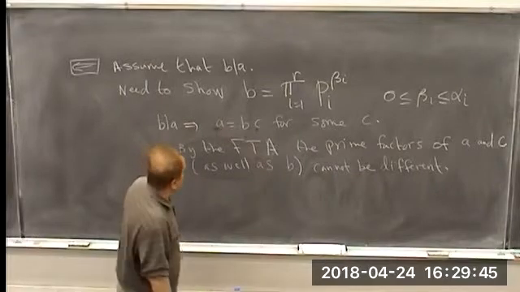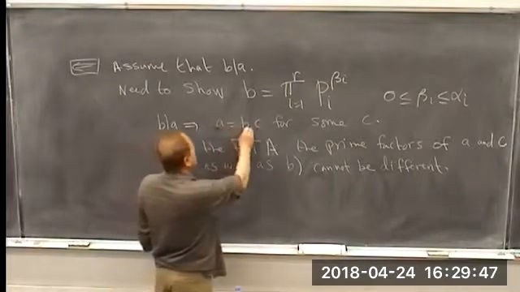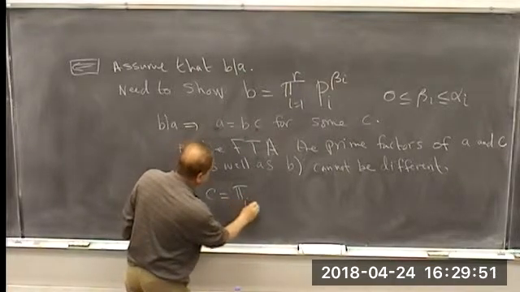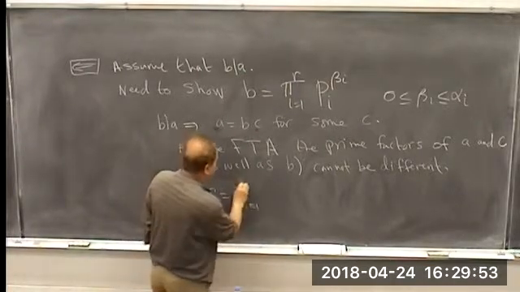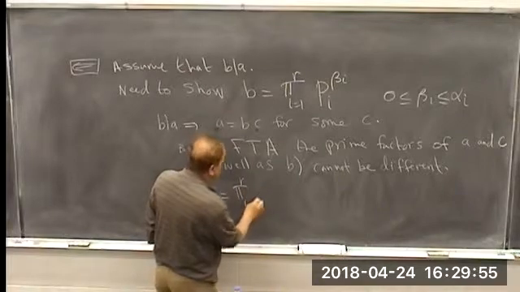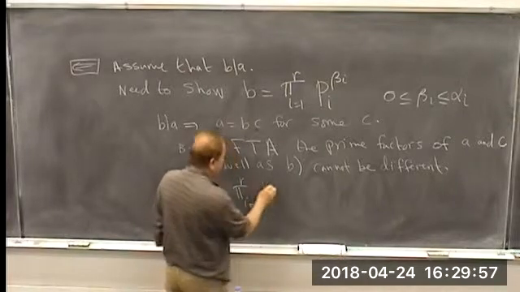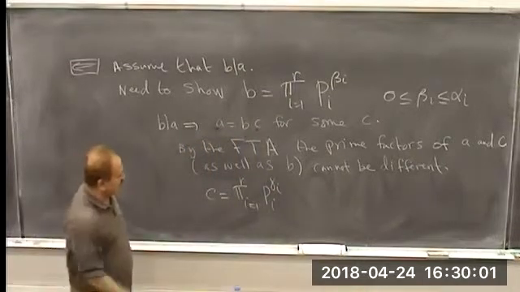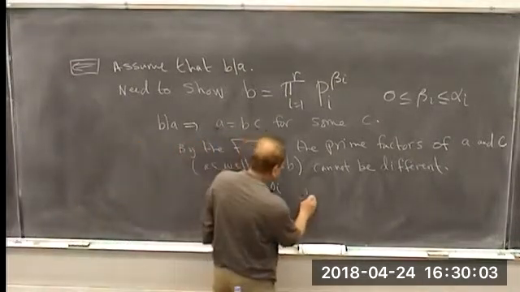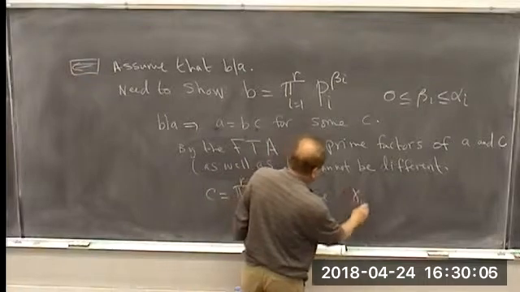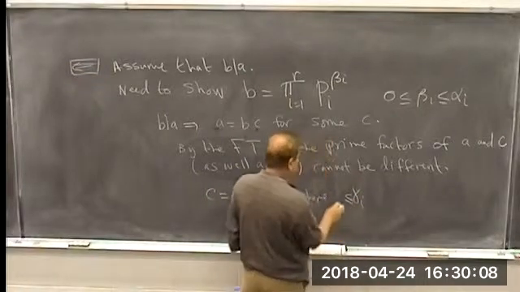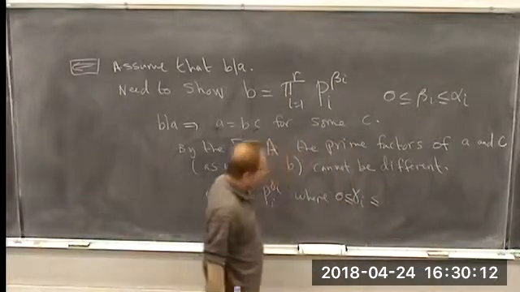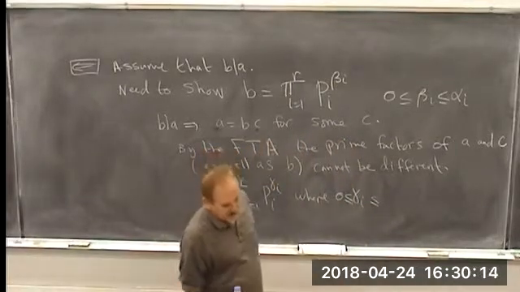All right. So we're going to take the notation and express C using all the primes in A, but some of them could have their exponent equal to 0. So let me put that, where the gamma i is bigger than or equal to 0.